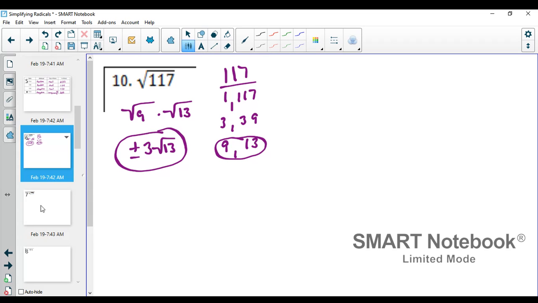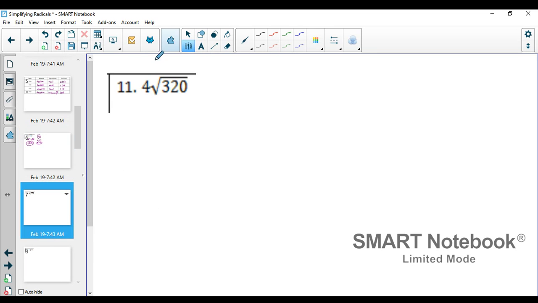All right, so then we'll move on to the next one. So we have 4 times the square root of 320. All right, I'm not going to list all the factors of 320 because there's a lot. So I'm just going to find the one that we need and go from there. I believe it is 5 and 64.